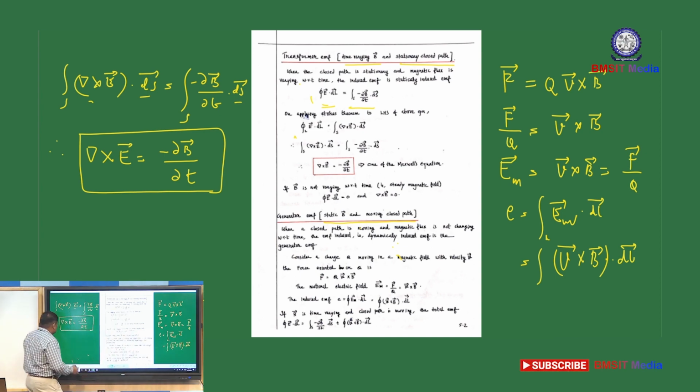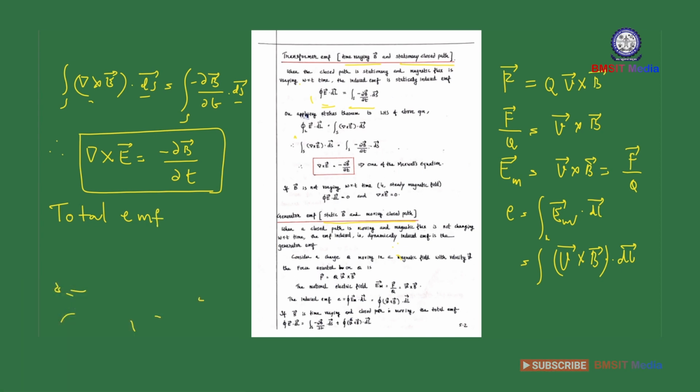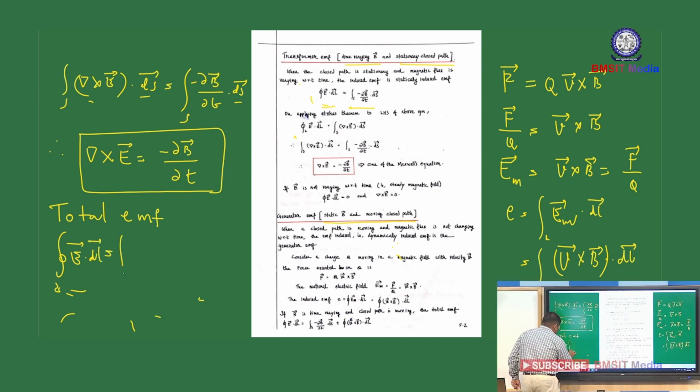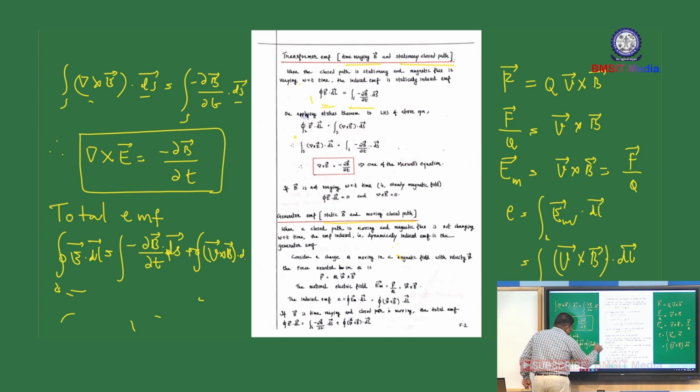Then what is the total EMF here? Let us write. Total EMF will be given by the integration of E dot dl, which is equal to the surface integral of minus dou B by dou T dot ds, plus the closed line integral of V cross B dot dl.